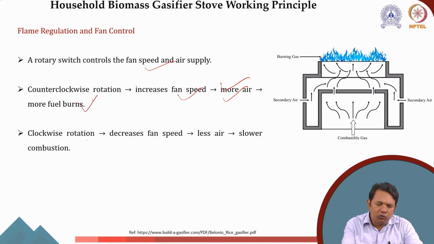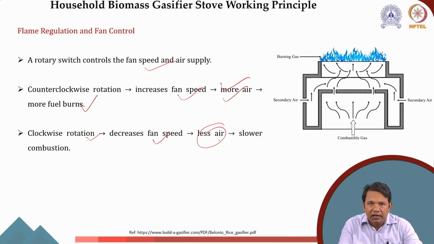When you have more air, more fuel will burn. While if you do counterclockwise rotation, it will decrease the fan speed, and when fan speed is decreased, you will get less air, and then combustion will be slower.